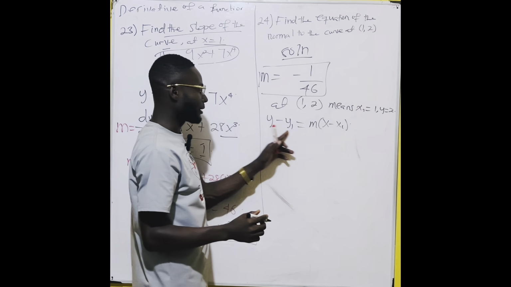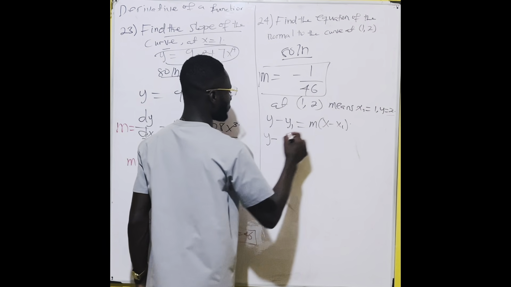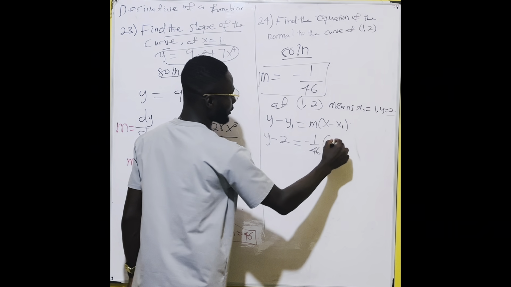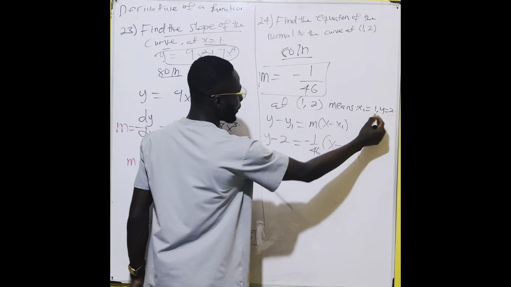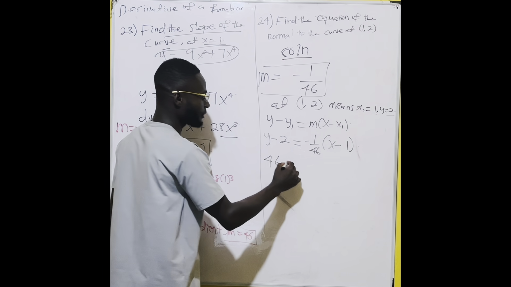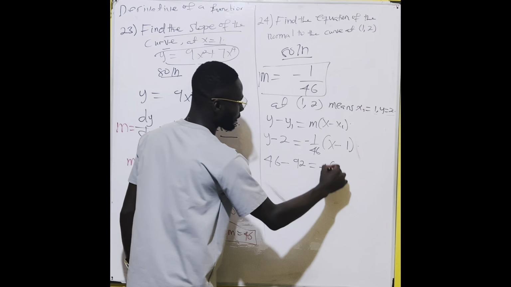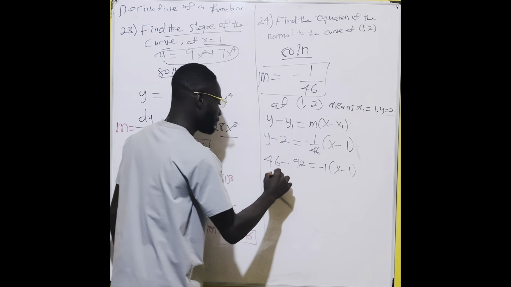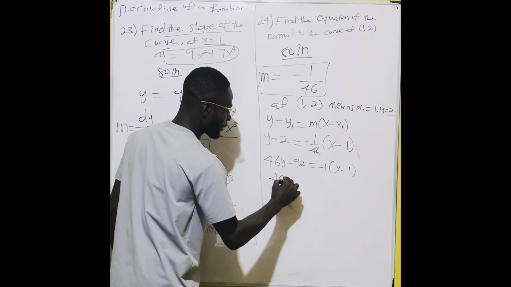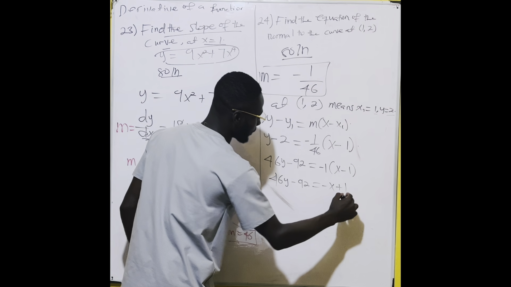So we substitute them inside. Then we have y minus y1, which is 2, equals negative 1 over 46 into x minus 1. So we multiply by 46: 46y minus 92 equals negative 1 into x minus 1, which is negative x plus 1.